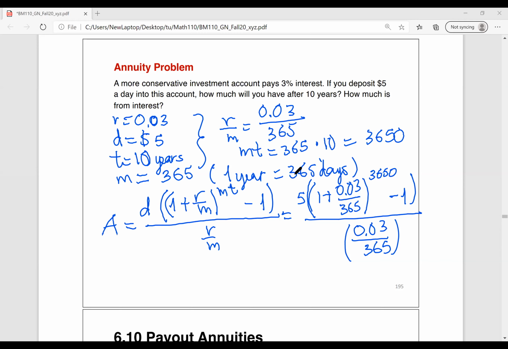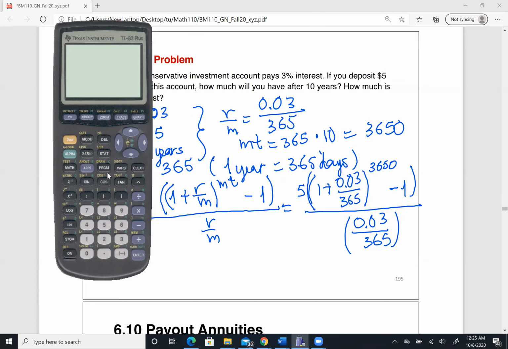So here is my calculator. I will need a big parenthesis first, and then 5 multiplied by another parenthesis with a small parenthesis inside with 1 plus 0.03 divided by 365, then close parenthesis with the power of 3650, and then minus 1, and close the big parenthesis for the numerator.